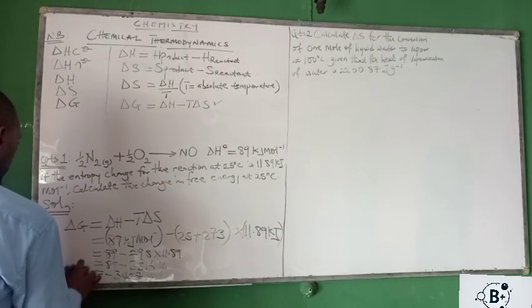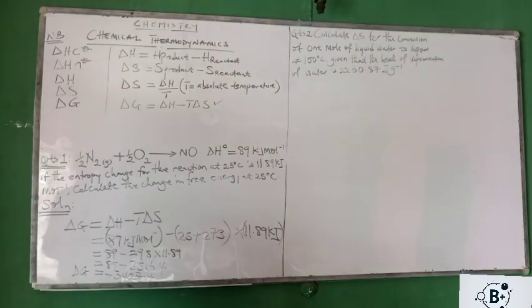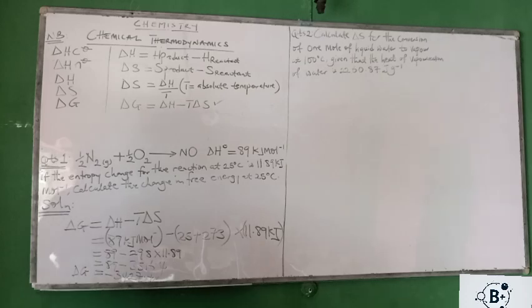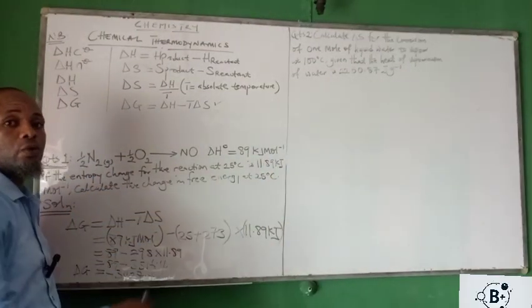So change in G, which is the free energy, is given as minus 3427.4. So this is the final answer. When you are given a question like this, you will ensure that the units are the same, especially in kilojoule.